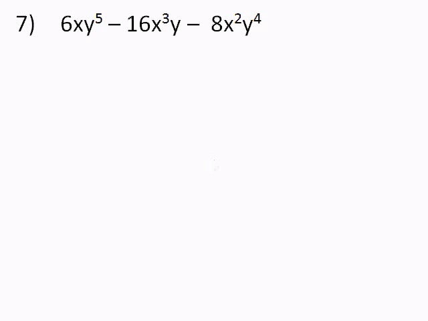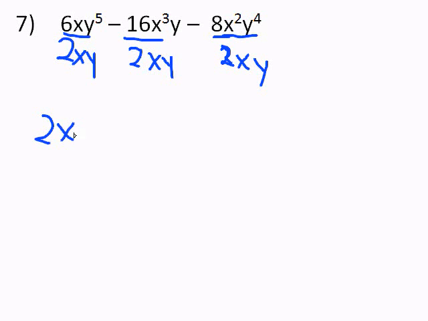And for the last example, you'll notice that all of these terms are divisible by 2 in this case. It's the biggest number we can divide 6, 16, and 8 by. You also notice they have at least an x in common and at least a y in common.